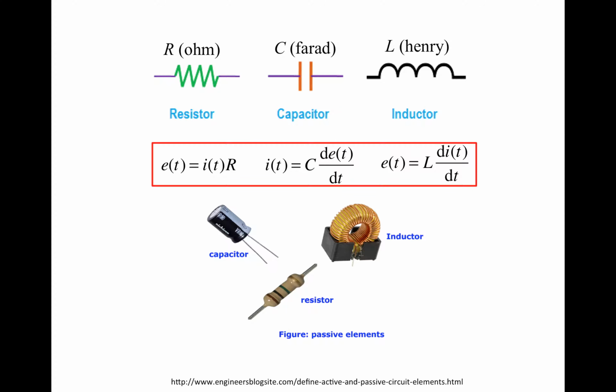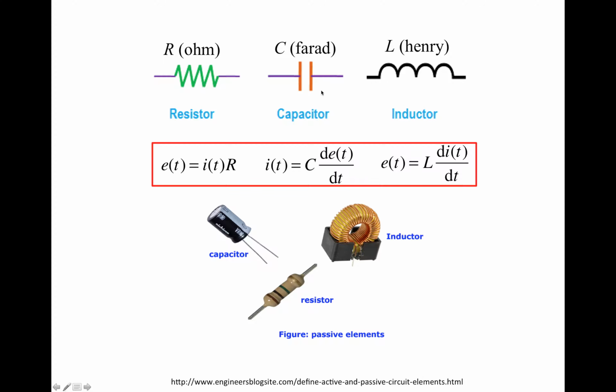Now let's talk about different kinds of electric components that we can use inside of a circuit. There are three major types of so-called passive components that are used very widely in electric circuits. The resistor with a resistance of R measured in ohm.